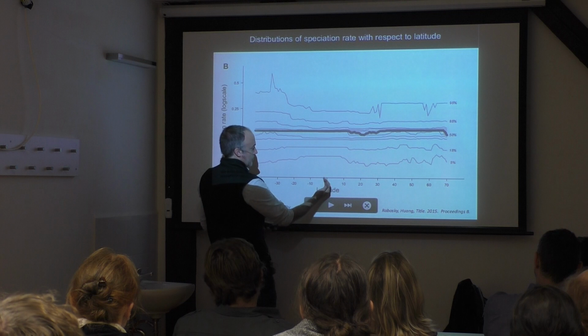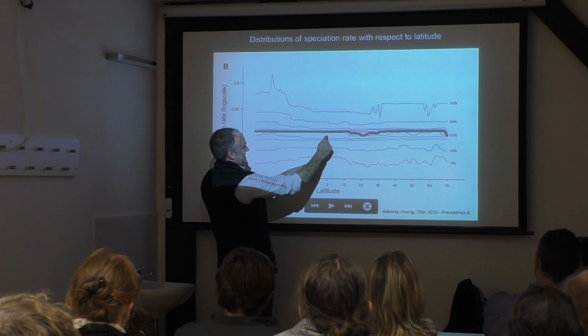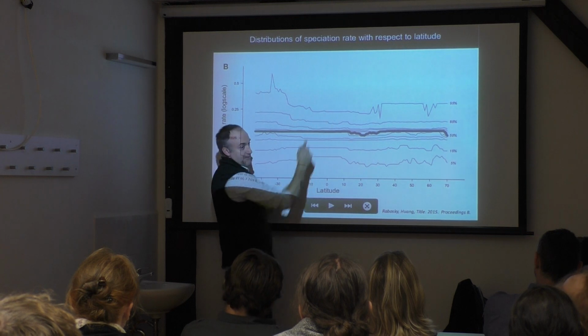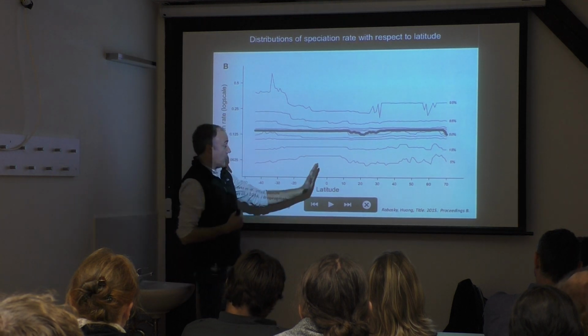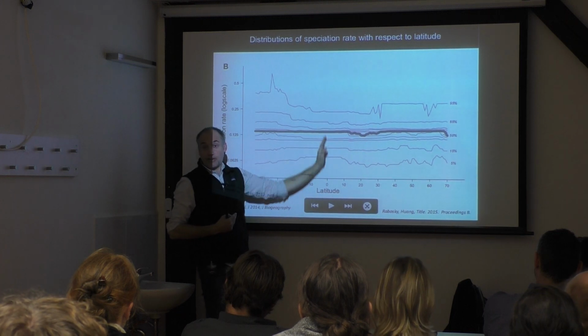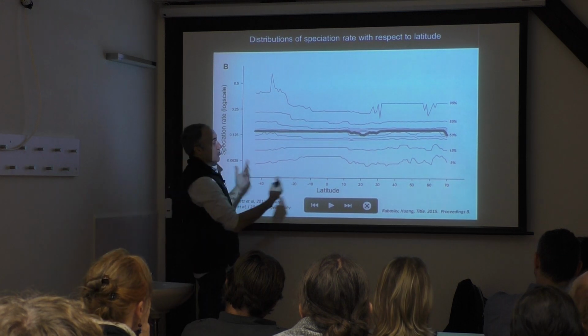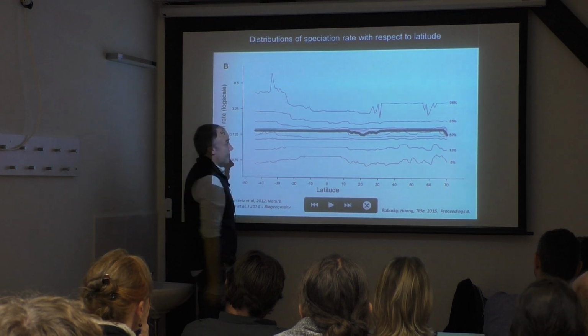For example, right here is the 5%, 15%, and so on, median, all the way up to the 95% quantiles of the rate distribution for all species of birds whose breeding range overlaps with the equator. And what you can see is there's really no trend in speciation rates overall.